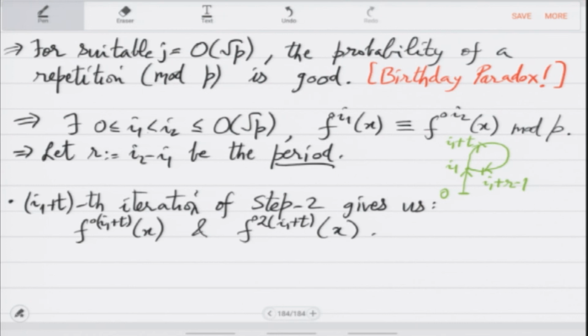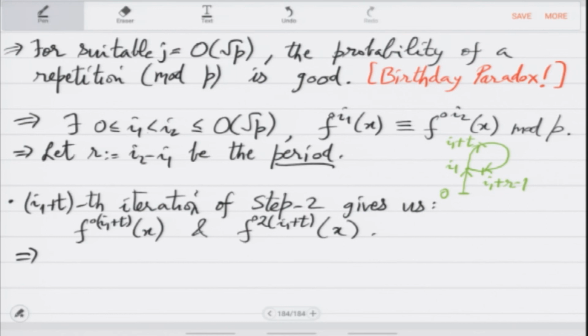Right, these are the two values you are getting, because on x you are going one step at a time, on y you are going 2 steps. So in the i1 plus tth iteration you are getting i1 plus t and 2 times i1 plus t.